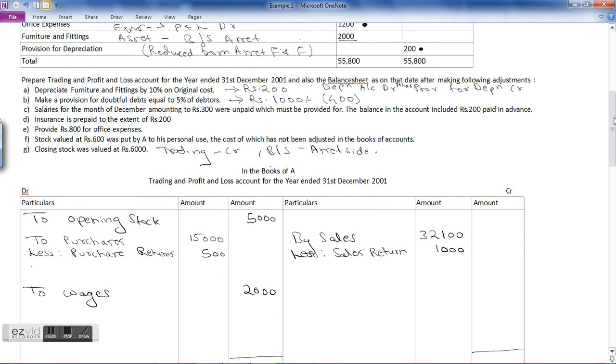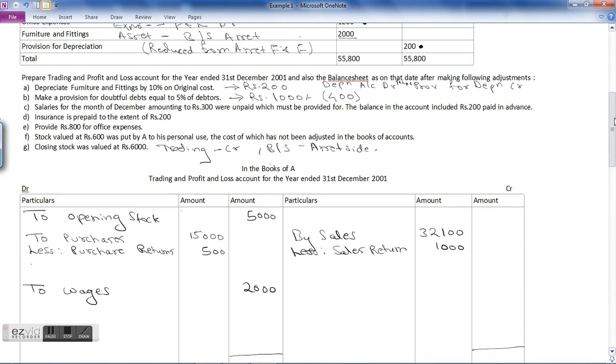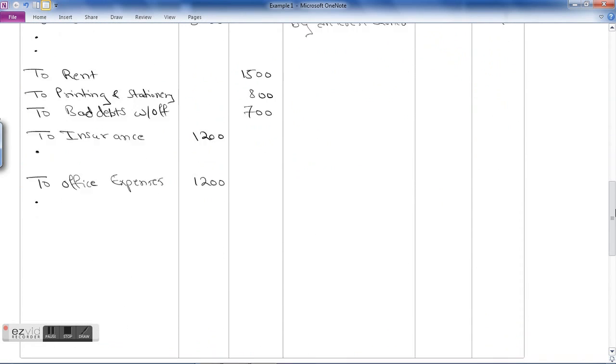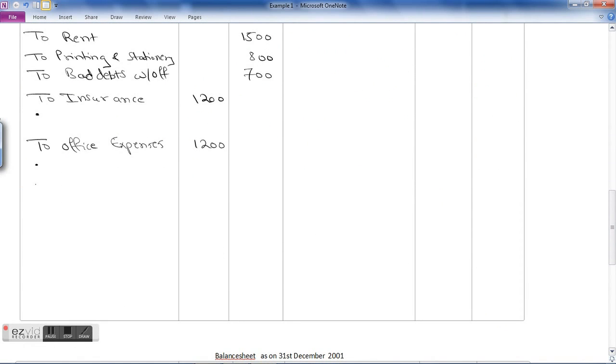So depreciation, profit and loss account debit side, to depreciation amount is 200, and the second effect will be provision for depreciation credit side.